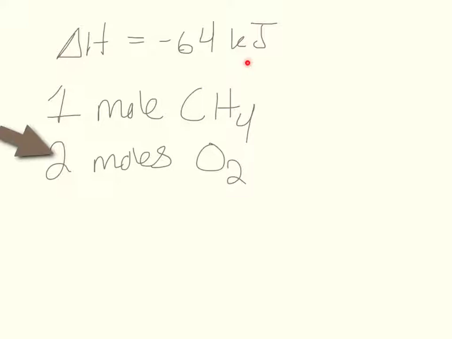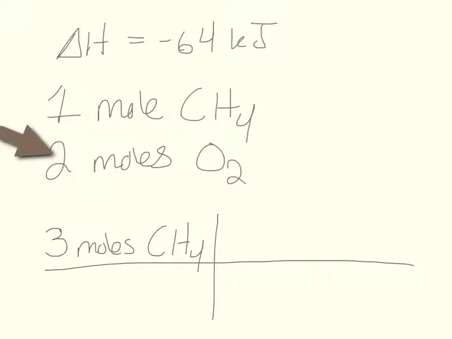But what happens if I started with 3 moles of methane? There is no 3 in front of the chemical reaction, but we know, based on this information above, that for every 1 mole of methane, 64 kilojoules is released.